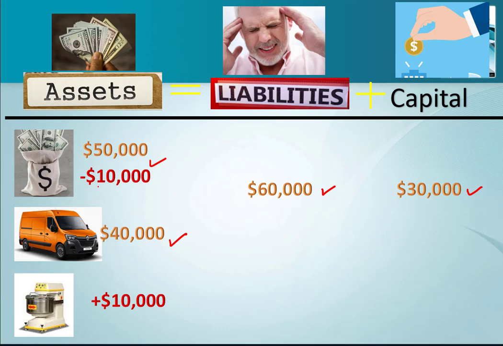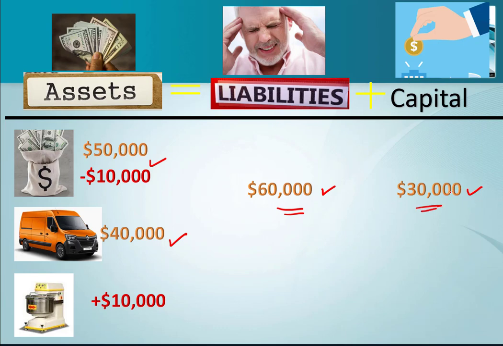Why reduced by 10,000? Because we took 10,000 from our cash account and used this money to buy this machine. Any changes to the liability? No changes to the liability, and no changes to the capital.